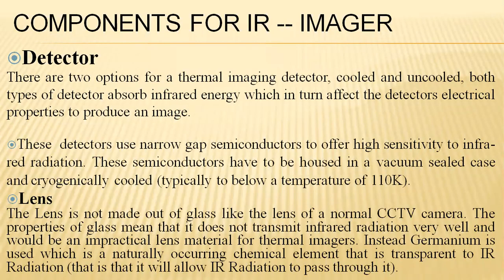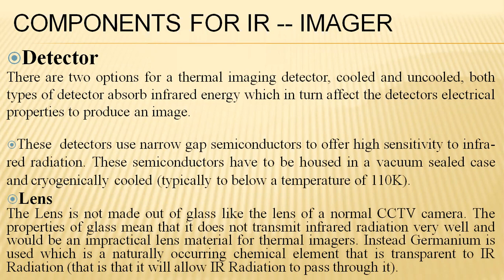So internally, what are the different types of components existing in this IR imager? The detector is the major device. It has two characteristics, which we nominally say are heating and cooling.